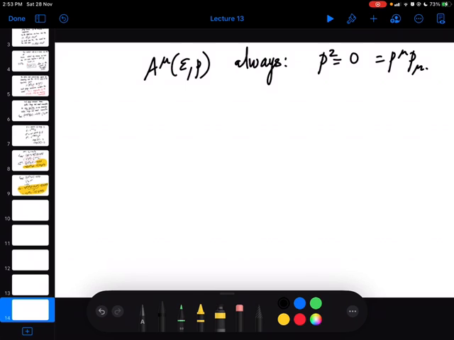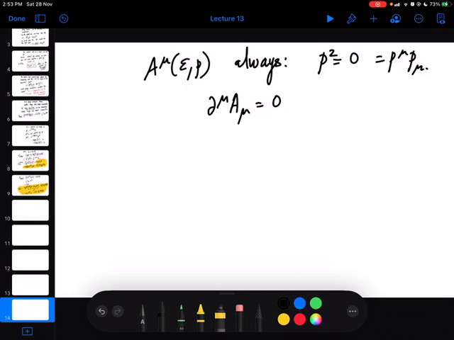Then there is the second condition on the photon: it turns out that the polarization is always transverse to the direction of momentum. This comes out of the gauge conditions. Using the gauge conditions, you have an equation like ∂_μ A^μ is equal to 0.